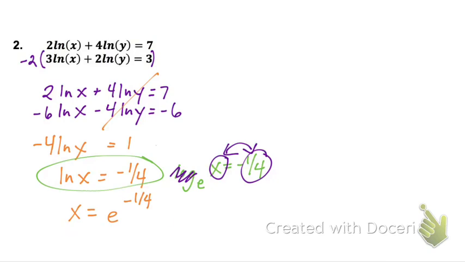But I don't want to leave it with a negative exponent, so I'm going to say x equals 1 over e to the 1/4. Because I don't like the negative exponent there. But technically, you can have a negative exponent, so we don't have to change it. So there's my x.